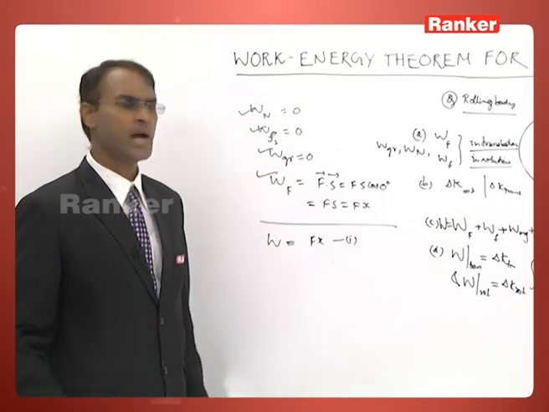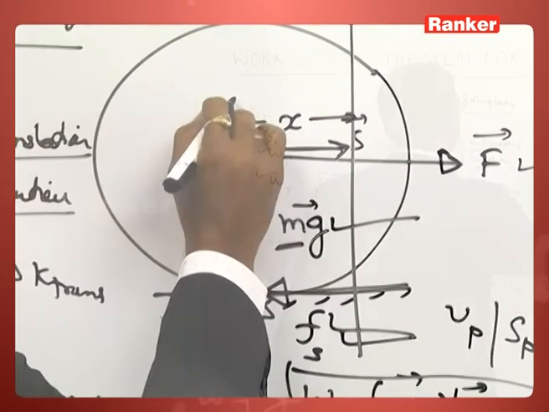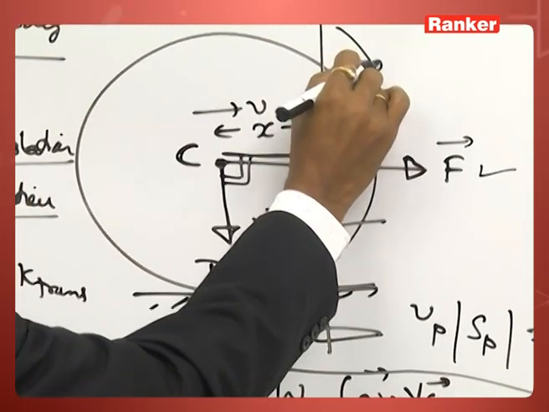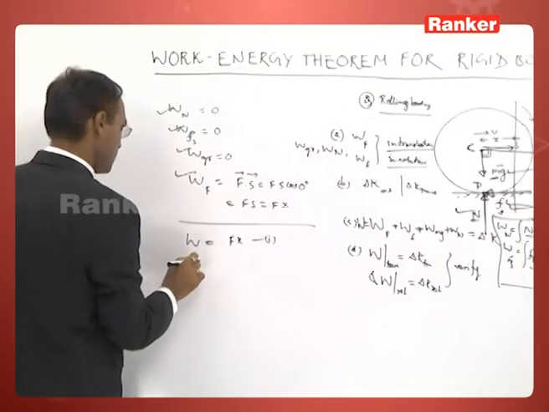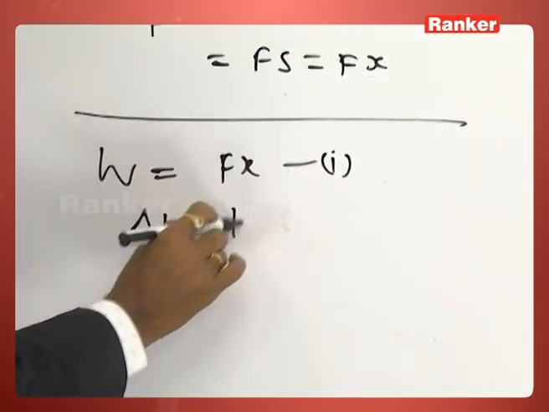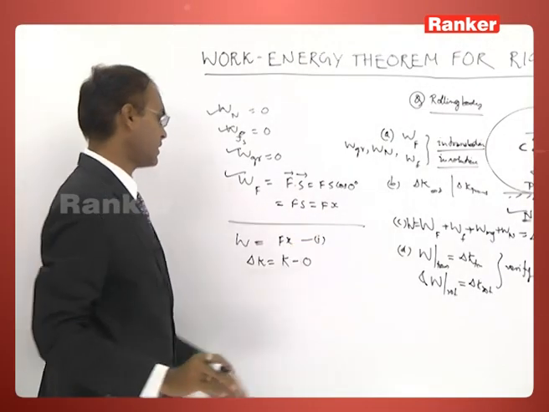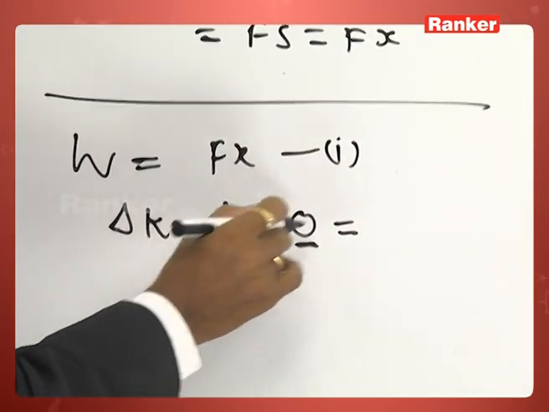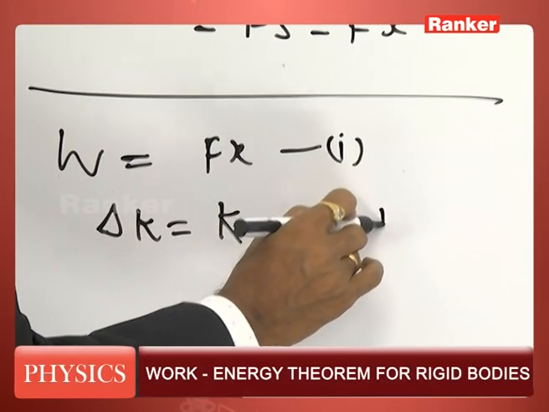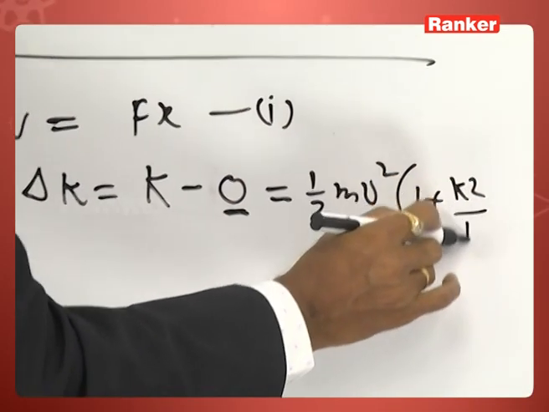Next, calculate the change in kinetic energy. Let us assume that the center of mass velocity is v and the angular velocity of the body is omega. So the change in kinetic energy is equal to kinetic energy final minus kinetic energy initial. Initially, the body was at rest. Therefore, the kinetic energy of the body is 0. Final kinetic energy can be written as half m v squared times (1 plus k squared by r squared).